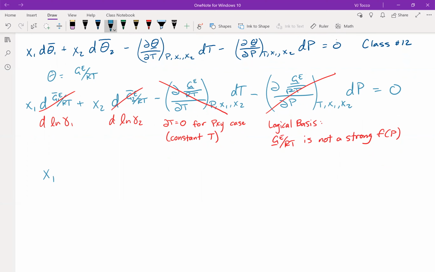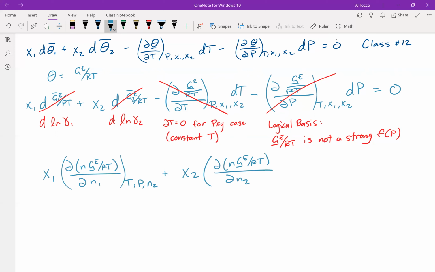So x1 times the partial derivative of n GE over RT with respect to n1 at constant T, P, and n2, plus x2 times the partial derivative of n GE over RT with respect to n2 at constant T, P, and n1, is equal to 0.